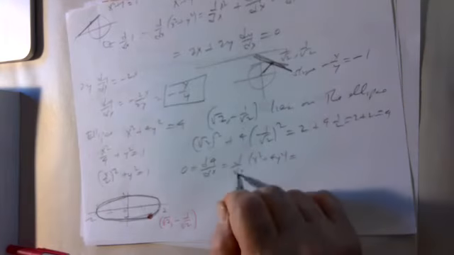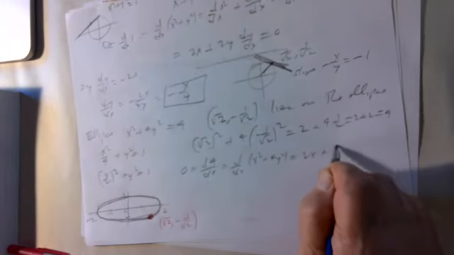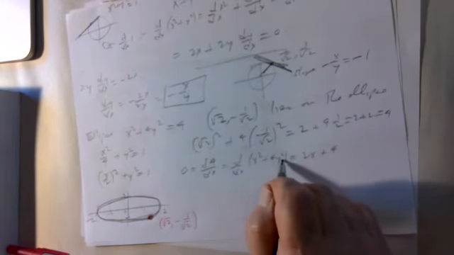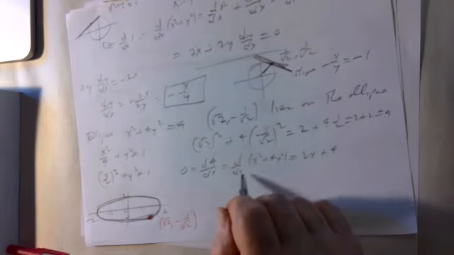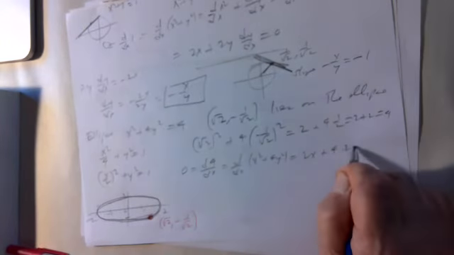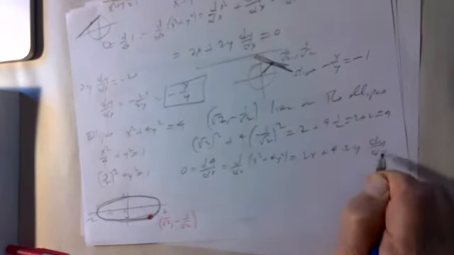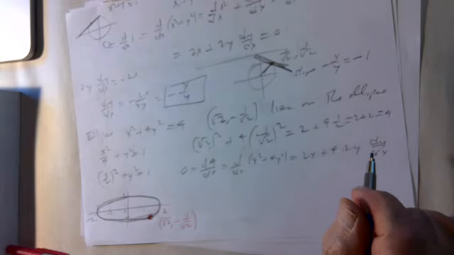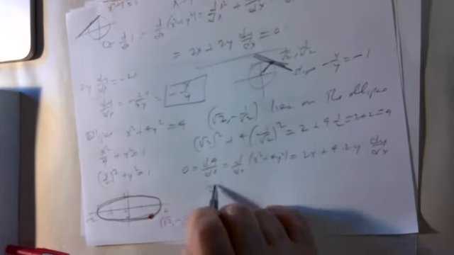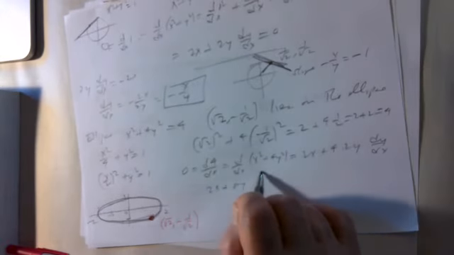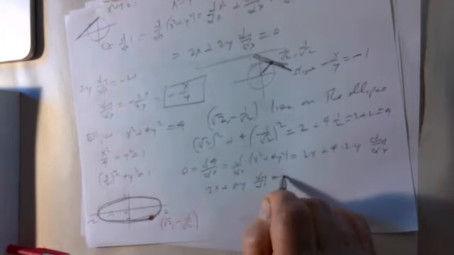The derivative of x squared is 2x, plus 4 times the derivative of y squared with respect to x, which is 2y dy/dx. So that says 2x plus 8y dy/dx equals 0. So dy/dx is minus 2x over 8y, which is minus x over 4y.